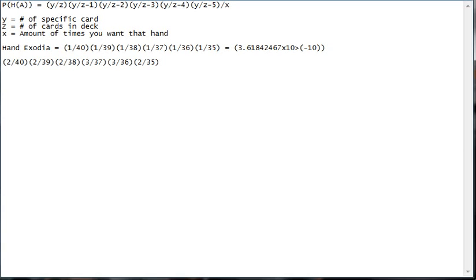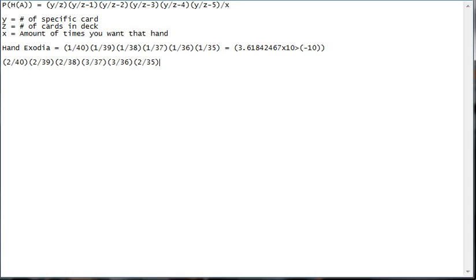So, let me figure out what this is. 2 divided by 40, 2 divided by 39, 2 divided by 38. This one's going to be really good probability. 3 out of 37, 3 out of 36, and 2 out of 35.